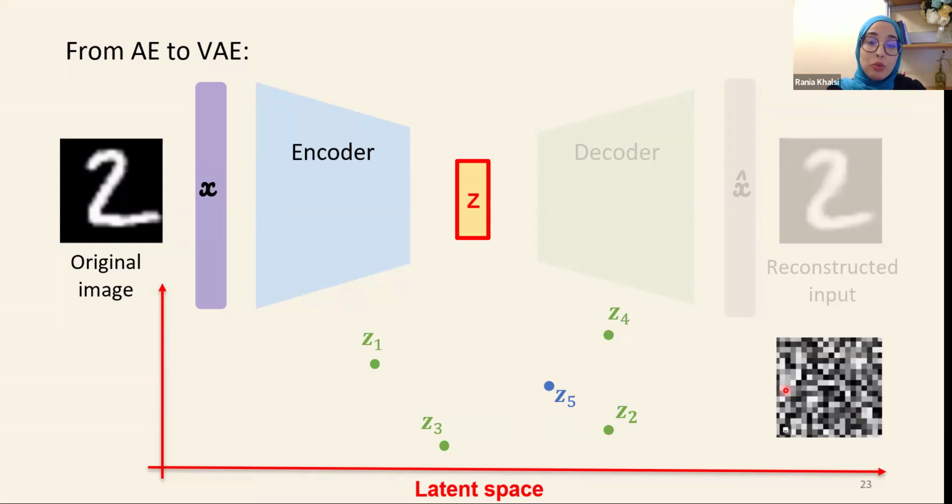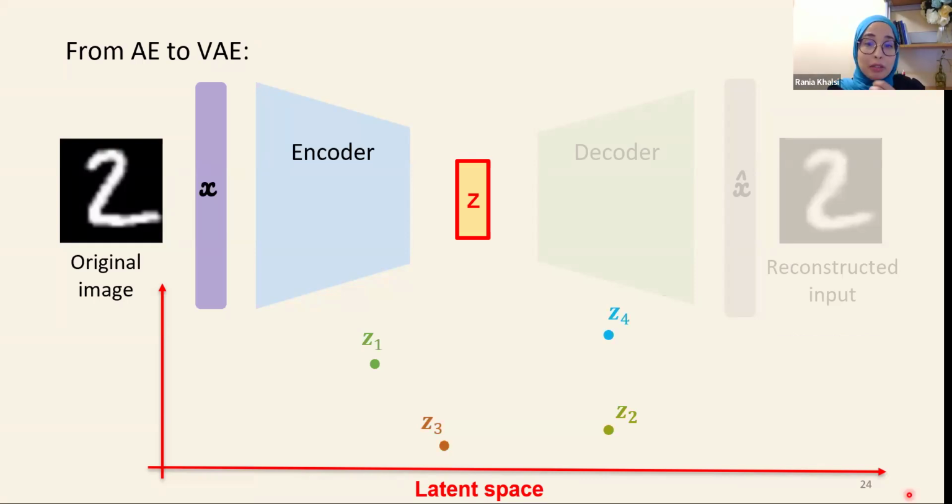And if we randomly sample and decode that random sample, it's going to end up with a meaningless result. So from here came our need for a way to determine how this hidden vector, Z, or the latent space, should look. Here comes the importance of two main properties.